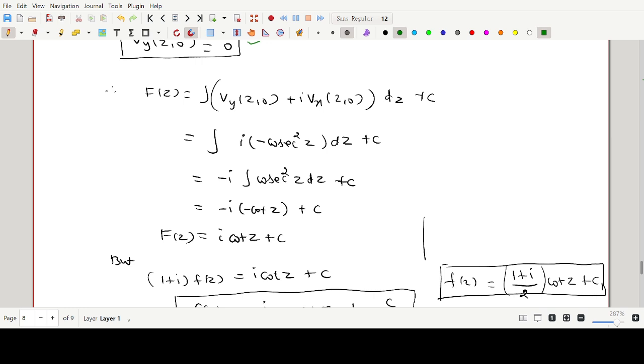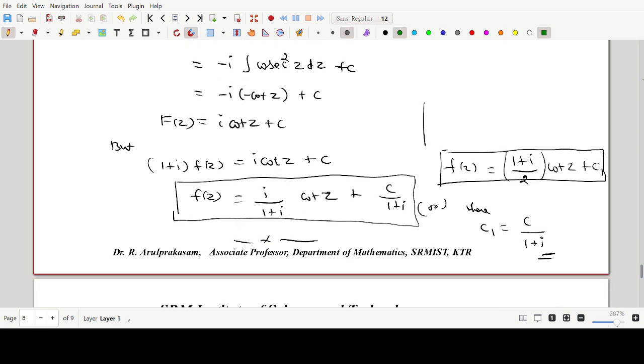Substituting, it is minus cosecant square z dz plus c. Once integrated, capital F of z equals i cot z plus c.